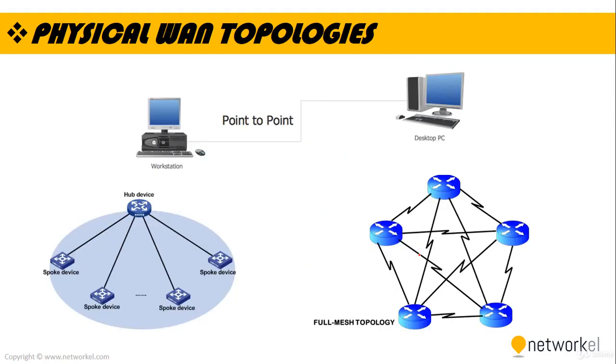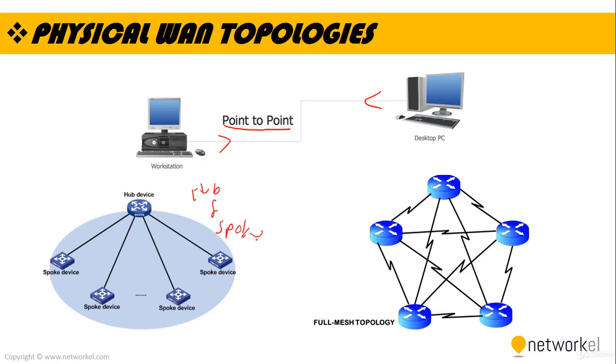And here are the physical wide area network technologies. Point-to-point topology is the first one. That's the simplest topology with a dedicated link between two endpoints, as you can see. The second one is hub and spoke topology.